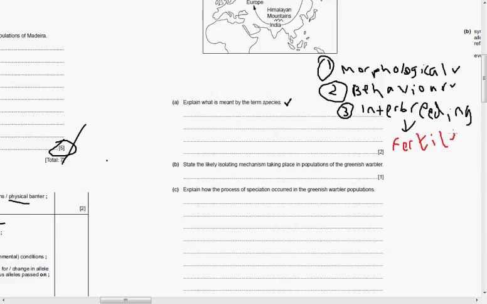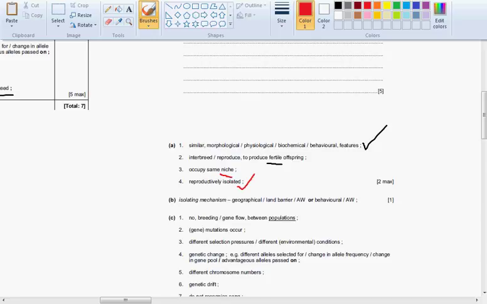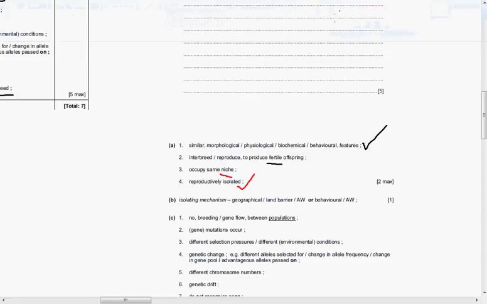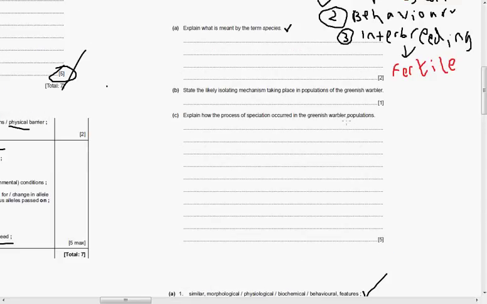This is a very important point. Fertile offspring, and reproductively isolated, and then same niche, the same place they live. So that's quite understandable.